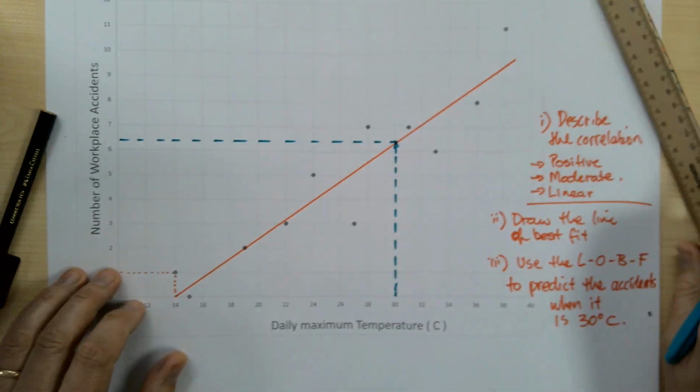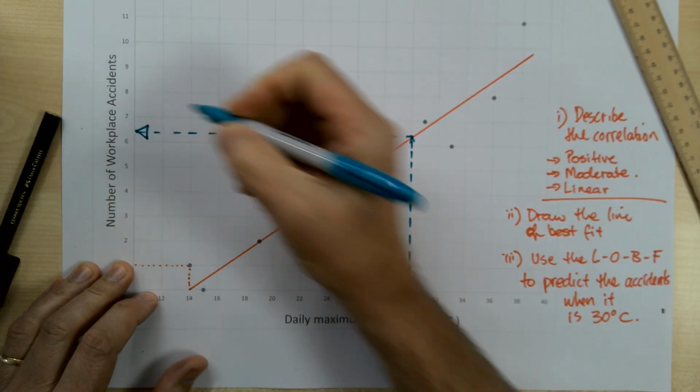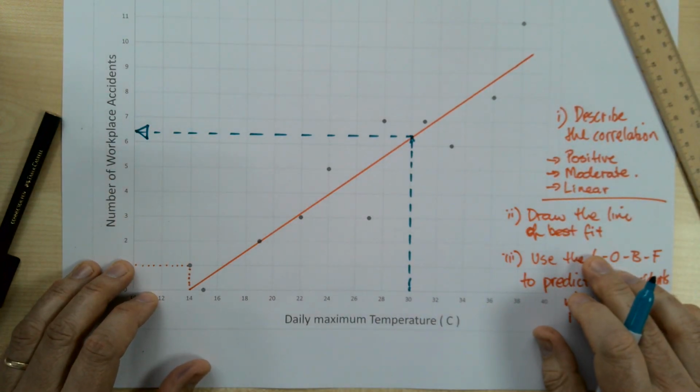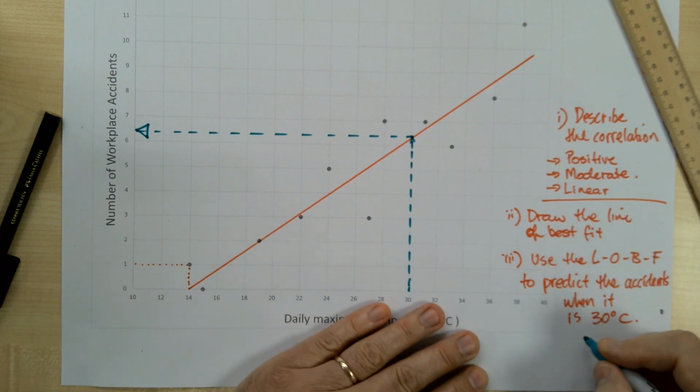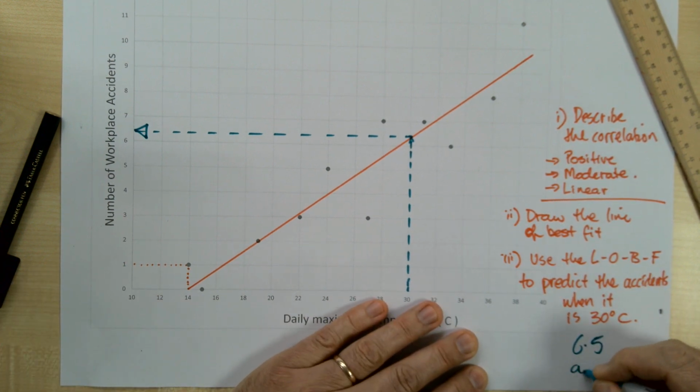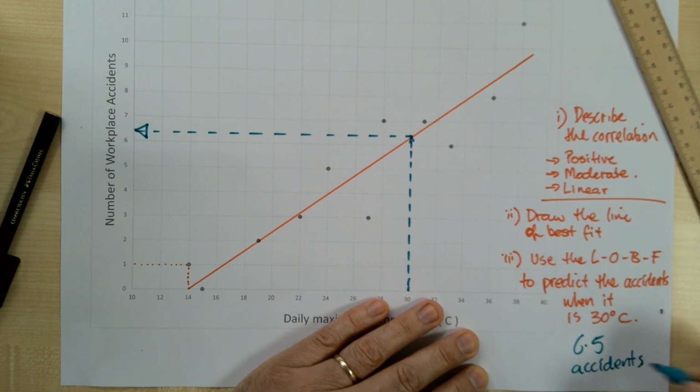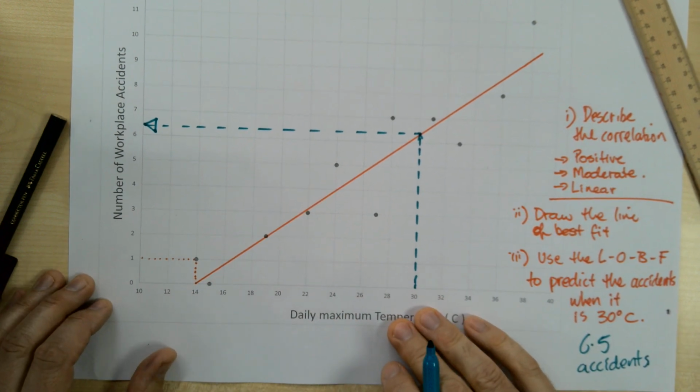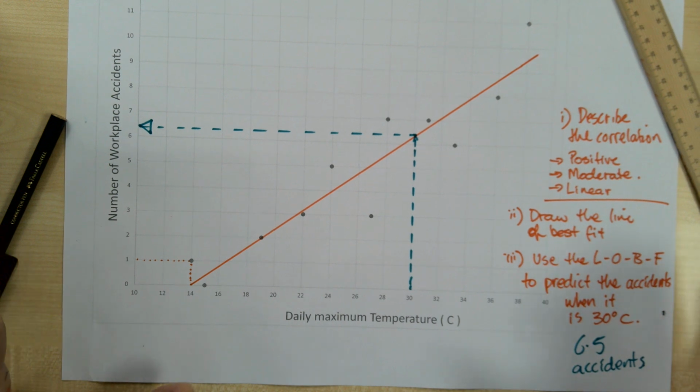That's where we're looking at there. So, I don't know, call it 6.5. I know you can't have half an accident, but that's what the data says. That is how you use lines of best fit.